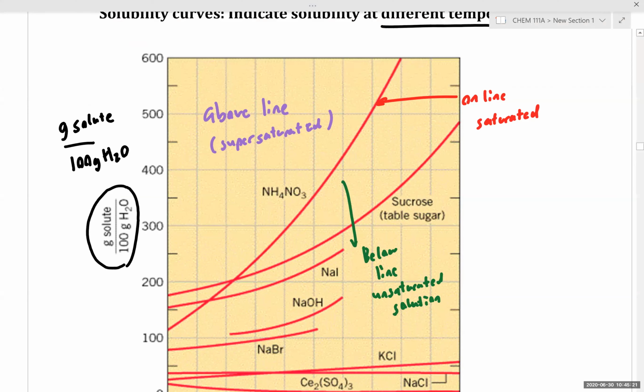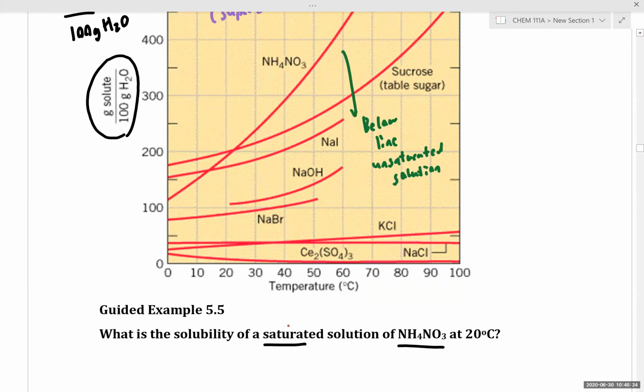Looking through this problem, we're looking for a saturated solution of ammonium nitrate. So I find ammonium nitrate, I find 20 degrees Celsius, and I trace my line up until it intersects the ammonium nitrate line spot on.